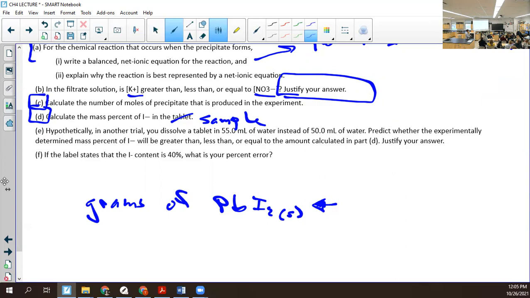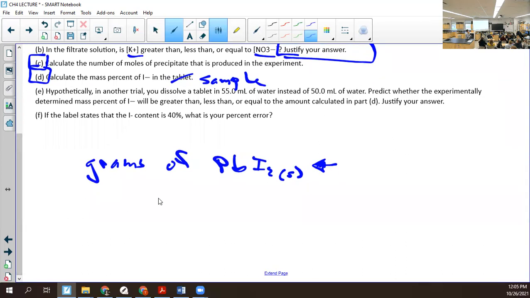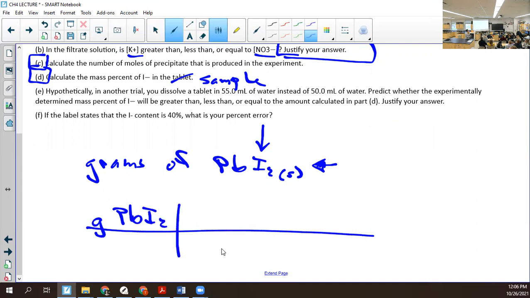It's tricky. If I know the grams of PbI2, but I want to know the grams of just I minus, I can do that, can't I? I'd have my grams PbI2, this is like my sample or my answer. Then I'd have the molar mass.